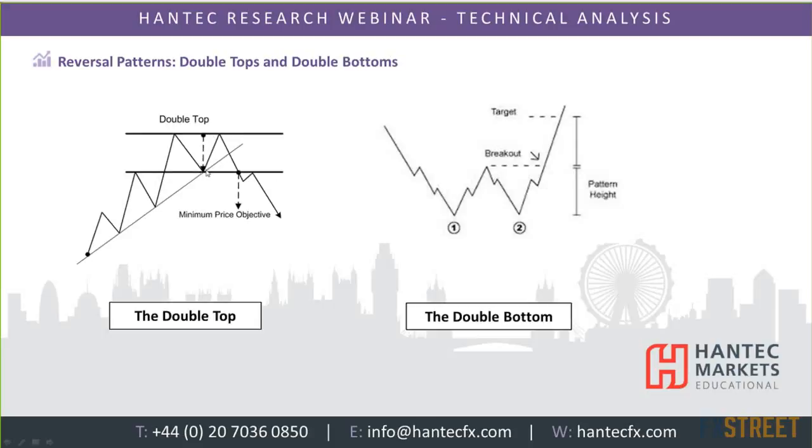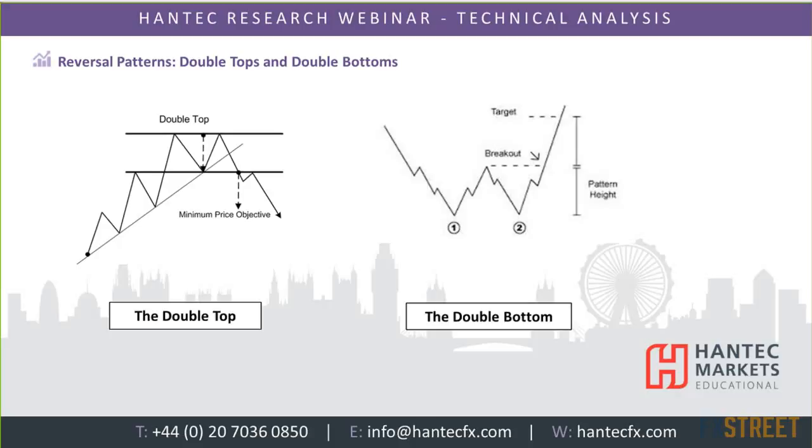There's another concept within patterns, which is pullbacks. The key to understanding support and resistance is that old resistance becomes new support, and old support becomes new resistance. So you get the flip: once you've got a level that's broken, that becomes your new level of resistance.